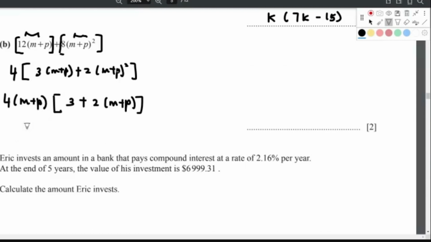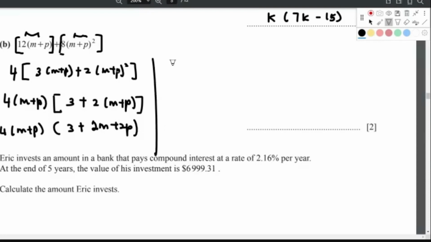So I just simply have to expand this part, which will give me 3 plus 2m plus 2p. So that means 4(m plus p) bracket 3 plus 2m plus 2p. So that's the factorization for this.